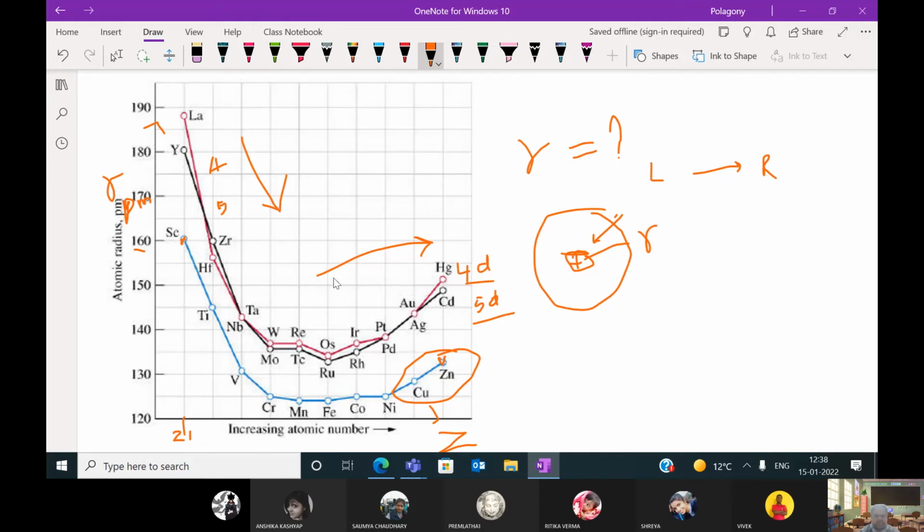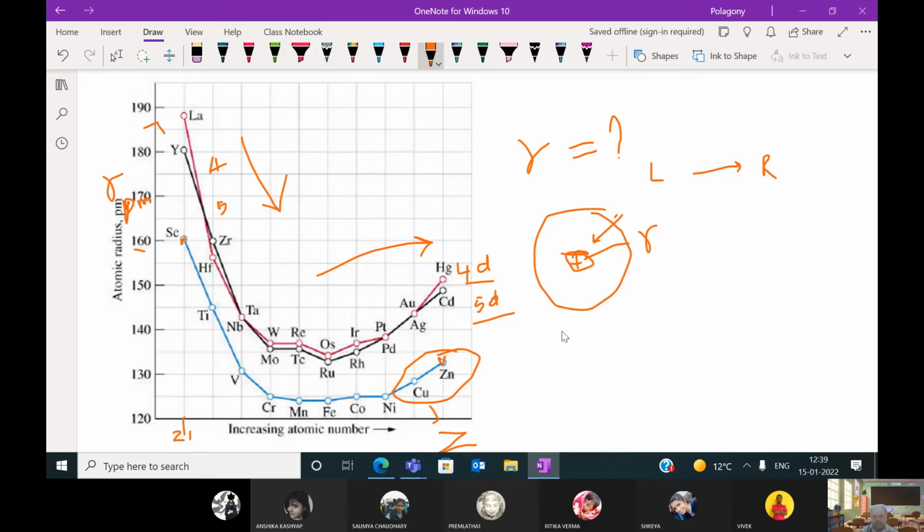Clear everyone? That means atomic radius decreases from left to right. What is the reason? Number one, increasing effective nuclear charge. Number two, poor shielding effect of d orbital and f orbital present.